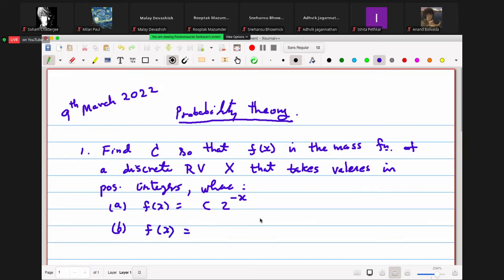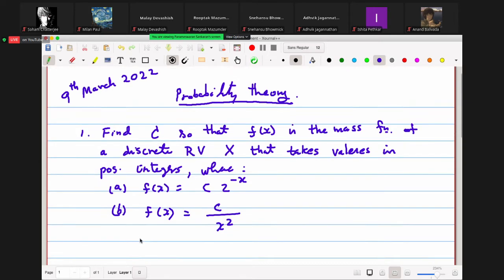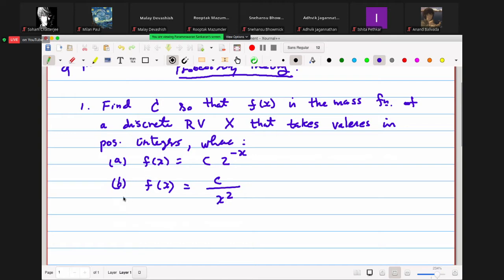F of x is equal to c by x square, and d, c rather, f of x is equal to c 2 power x by x factorial.